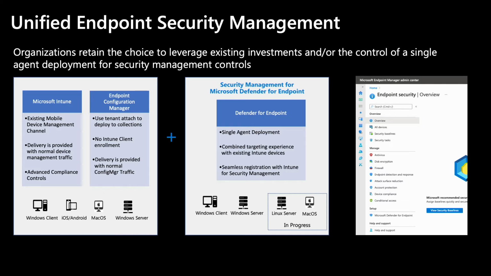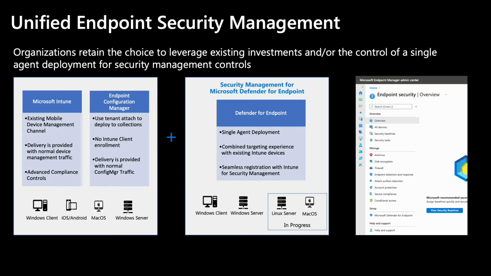So the second way to bring your devices into the Endpoint Security Blade for configuration and management is through a feature that we made generally available in the beginning of 2022, known as Security Management for Microsoft Defender for Endpoint. This allows organizations to seamlessly bring devices into Endpoint Manager without the need to do a full enrollment.